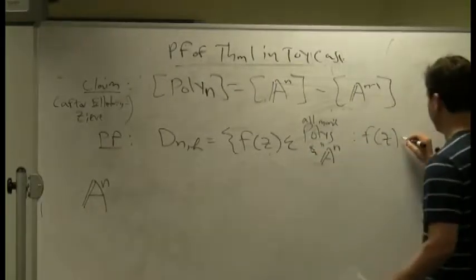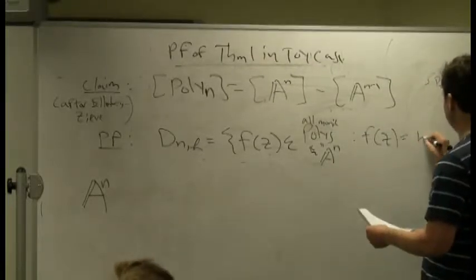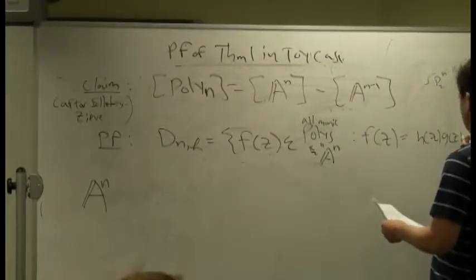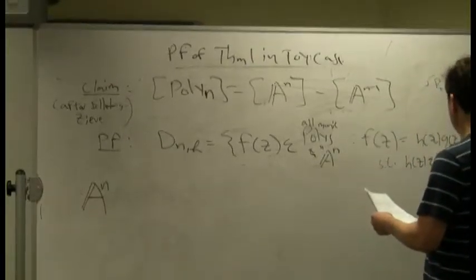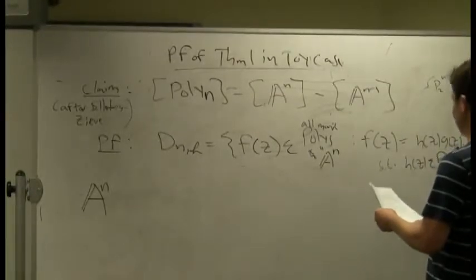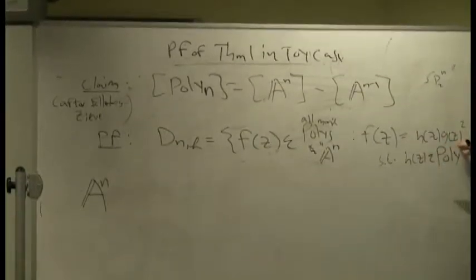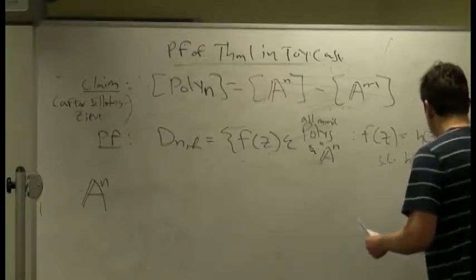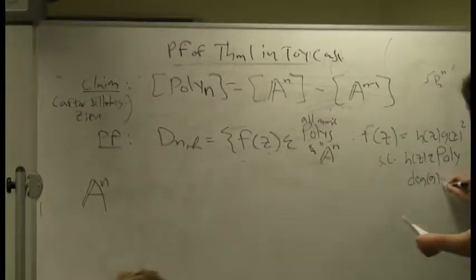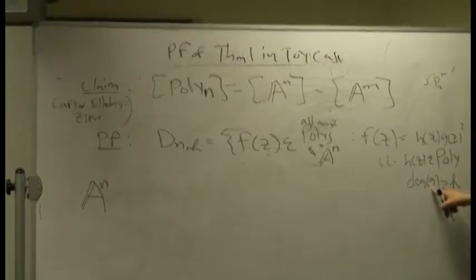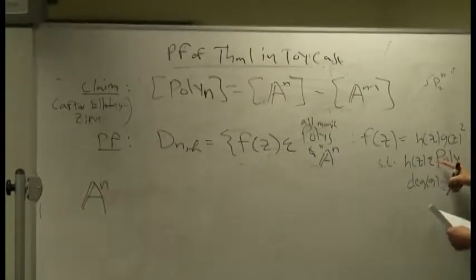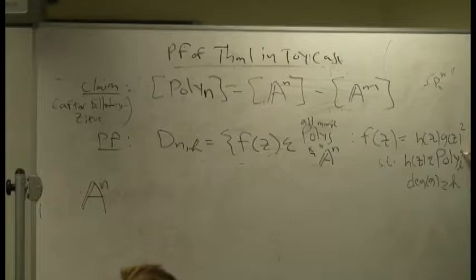You factor every polynomial: f of z is h of z times g of z squared, such that h of z is such that you factor out all the things with multiple roots, so that you look at the polynomials where you factor it out by the things that have multiple roots and that have degree at least k, and this will be polynomials in L for some L.